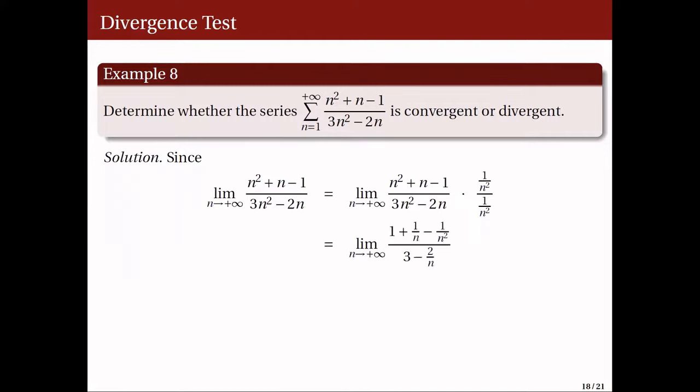In doing so, we get the following expression, and note that the fractions in this complex fraction will tend to go to 0 as n goes to infinity, giving us 1/3 as the limit of the terms in this series. And since this limit is not equal to 0, we can conclude by the divergence test that the series is divergent.